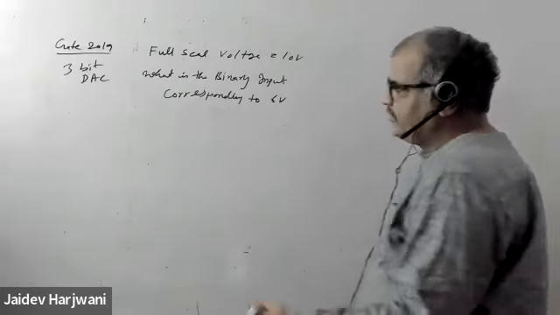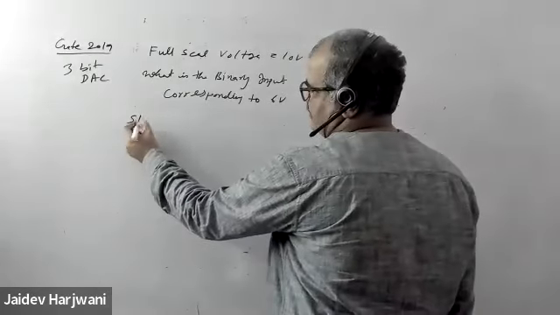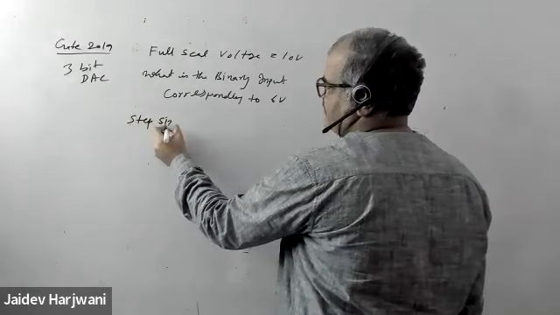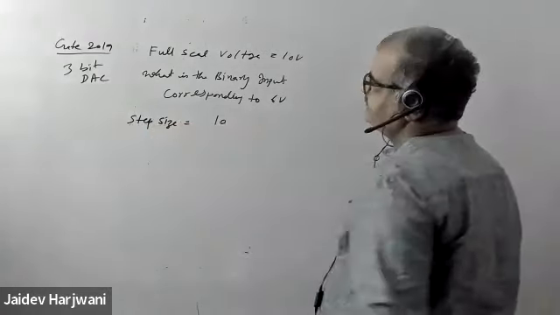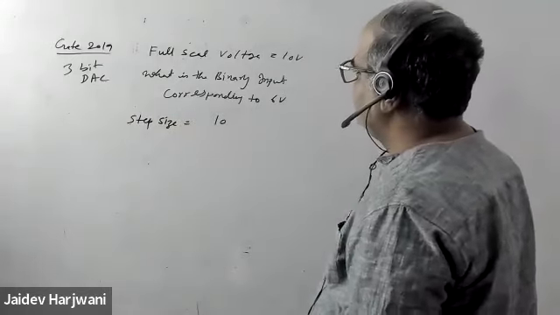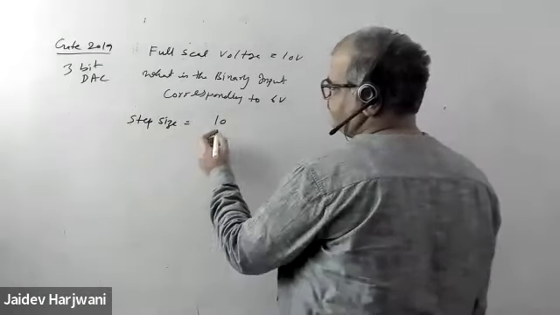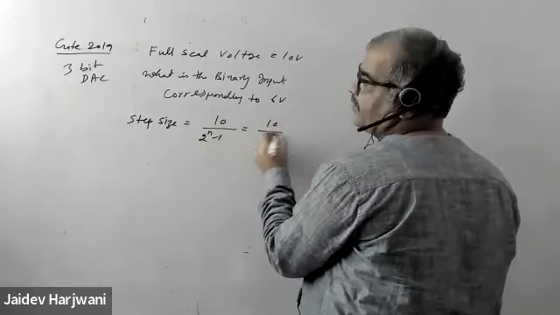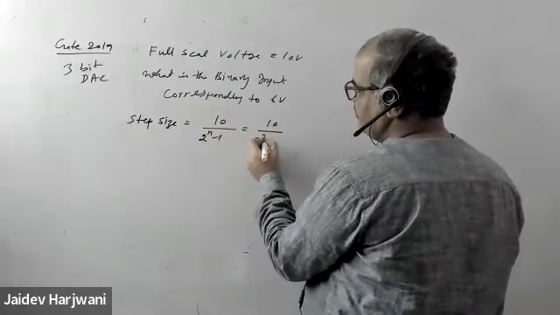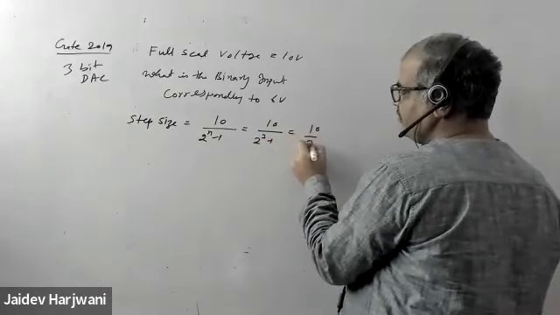So if you calculate the resolution or step size, the step size is basically full scale voltage upon number of steps, that is 2 power n minus 1. So 10 upon 2 power 3 minus 1, that is 10 upon 7.